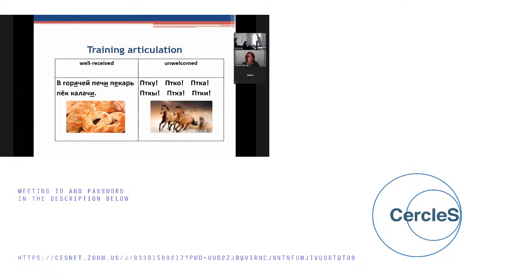To train reading in the first classes and to train articulation of the Russian sounds, I mostly use tongue twisters. Of course we start with letters and short words, but then we come over to tongue twisters. Why? Because tongue twisters are meaningful and fun for training articulation.